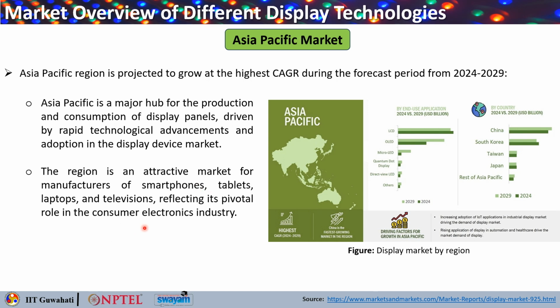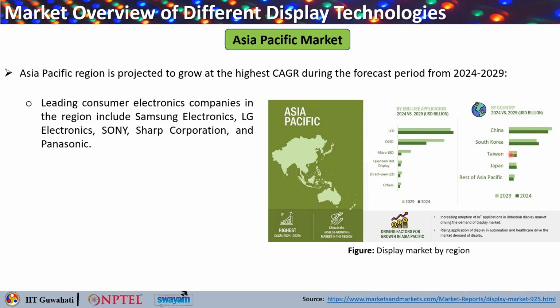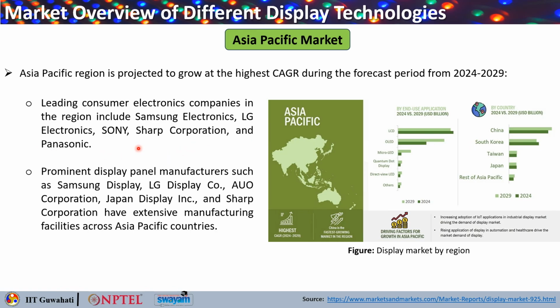So this region is an attractive market for the manufacturers of smartphones, tablets, laptops, TVs. Okay, so this actually plays a very important role in the consumer electronics industry. So the leading consumer electronics companies in this region, you already know, are Samsung Electronics, LG Electronics, Sony, Sharp and Panasonic, and they are all into prominent display manufacturing.